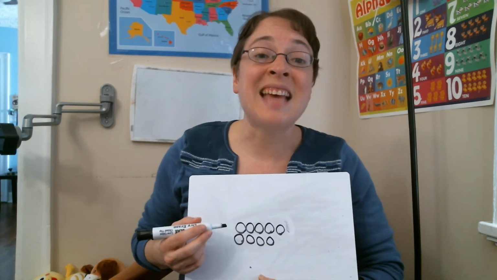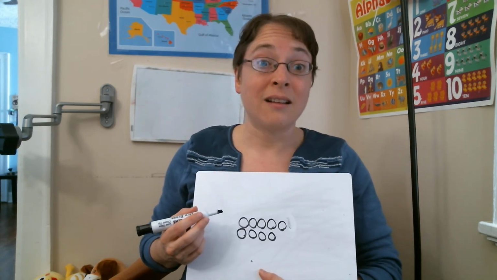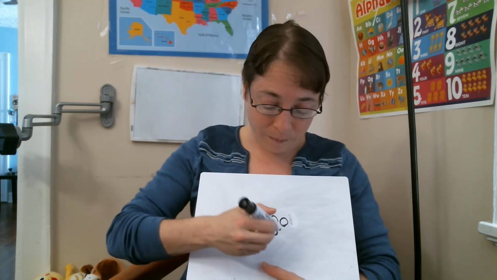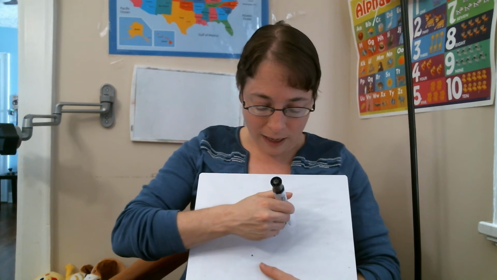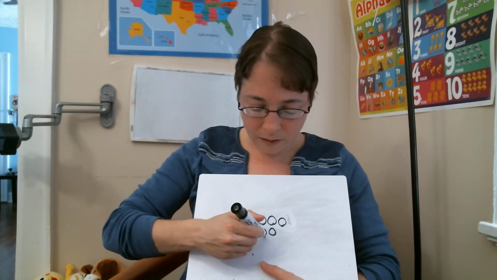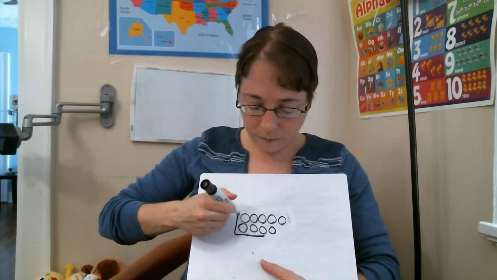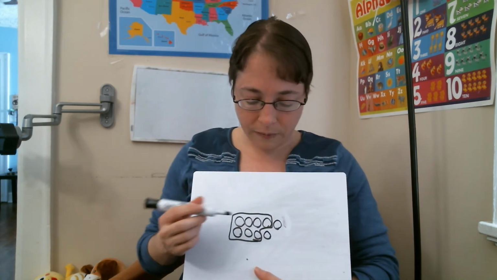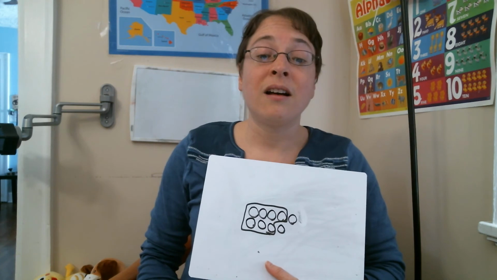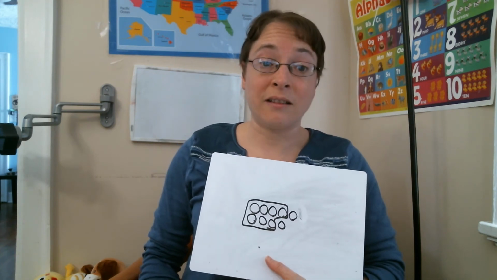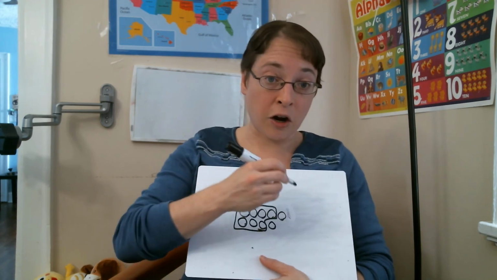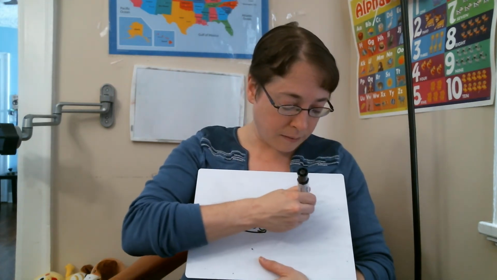She had 7 green. How many green? 7. So I'm going to circle 7 here. How many are not green? Remember, let's make our number bond.